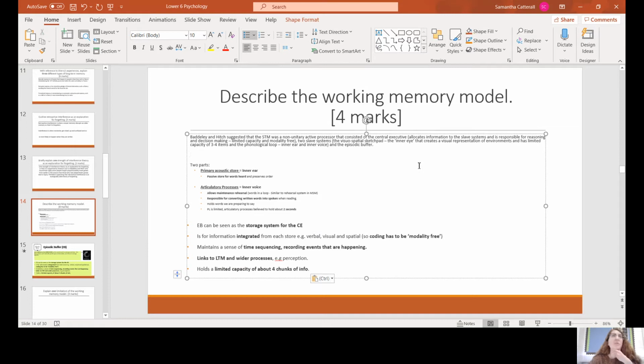But I'm concerned about the way that I've done it, because I'm putting too many brackets in and I should have just done it like this is this one and then this is this one. Let's see. Allocate essentially the two that consist of executive, two slave systems. What I might do is get rid of that.